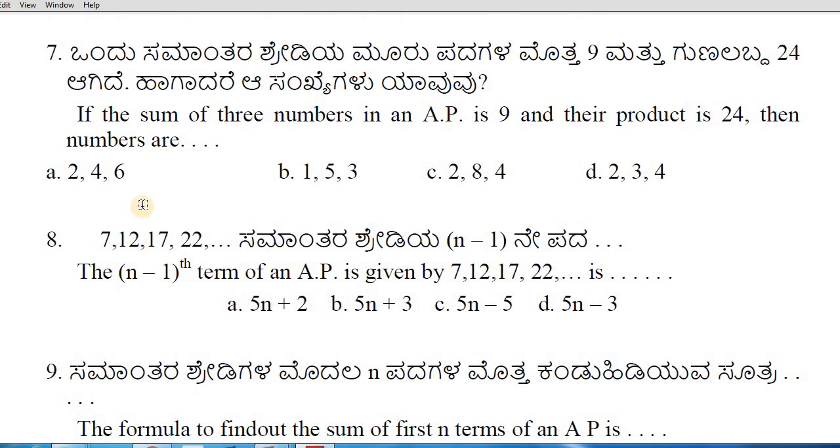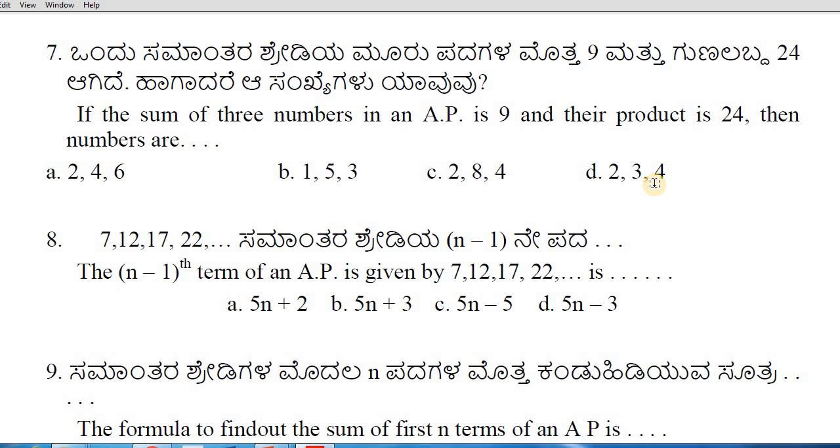Question number 7. If the sum of three numbers in an AP is 9 and their product is 24, then the numbers are. Option A 2, 4, 6. Option B 1, 5, 3. Option C 2, 8, 4. Option D 2, 3, 4.